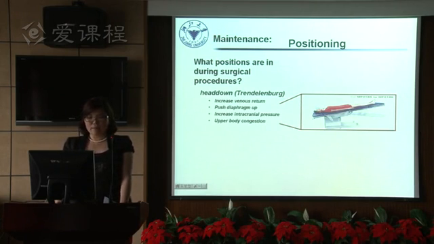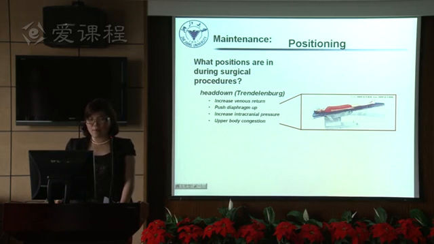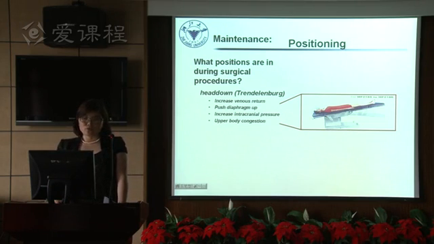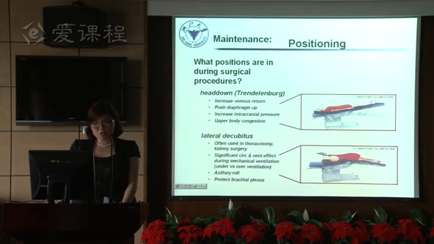The head down position usually increases venous return and pushes the diaphragm up, and sometimes increases intracranial pressure and upper body congestion. So in this kind of position, we should pay attention to the blood pressure and to cardiac function.